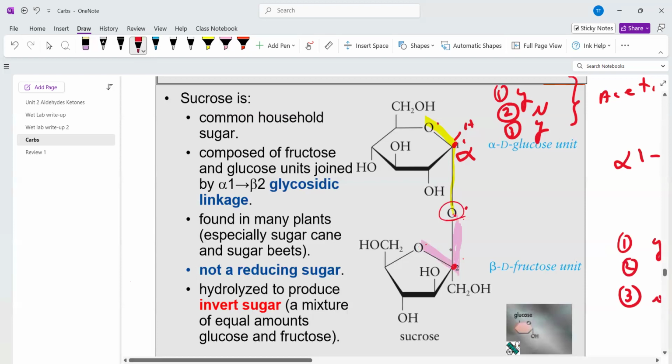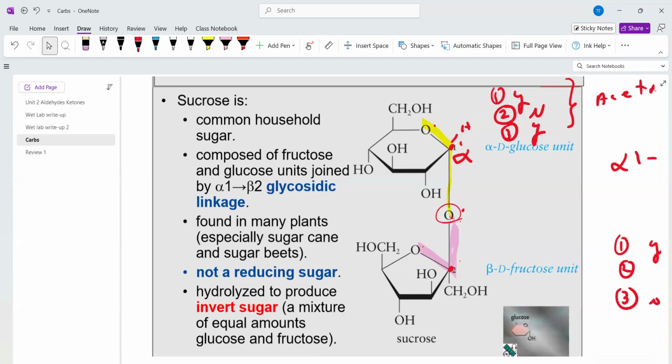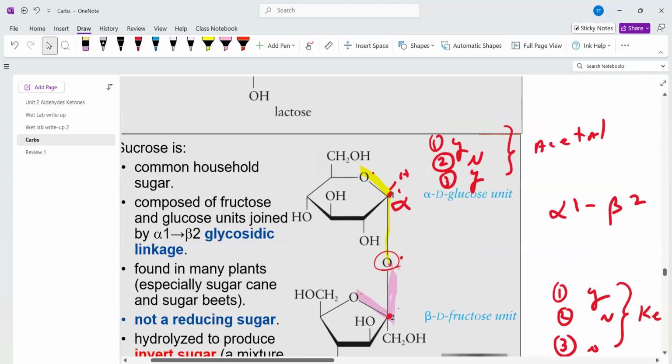So we have two deals to analyze. Is either one of them a hemiacetal? Okay, so analyzing this, we have on the top here, let's get rid of this here. Okay, so we've got an OCO.